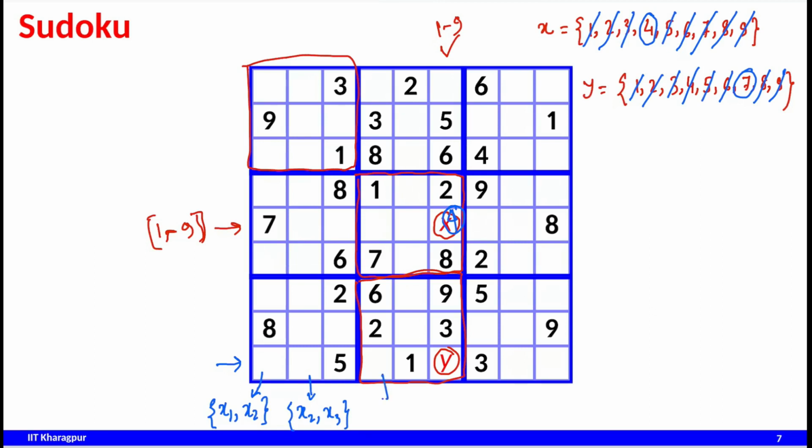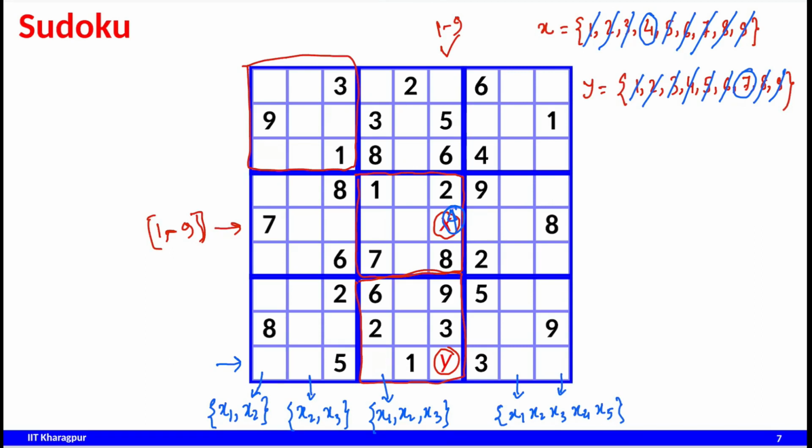Let's say this can take values x1, x2, x3, something like this. And let's say this can take values x1, x2, x3, x4, x5 for this one, and similarly for this one as well.